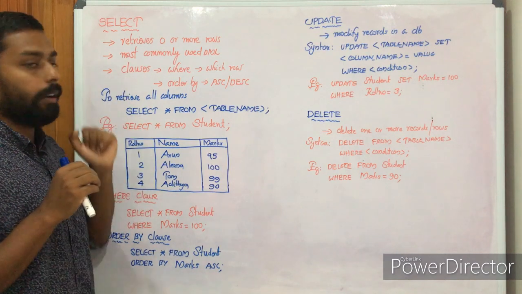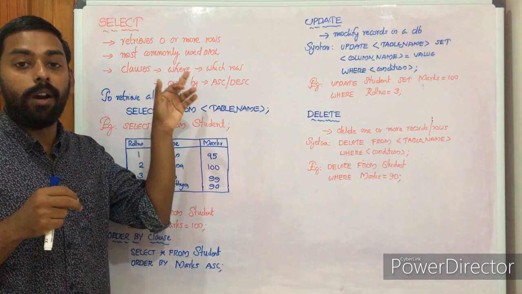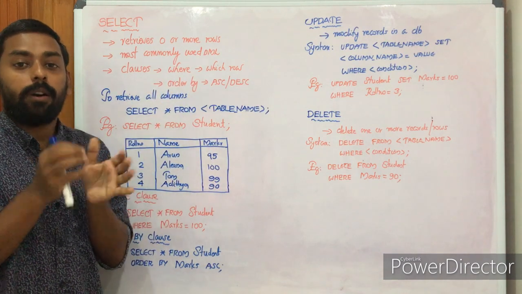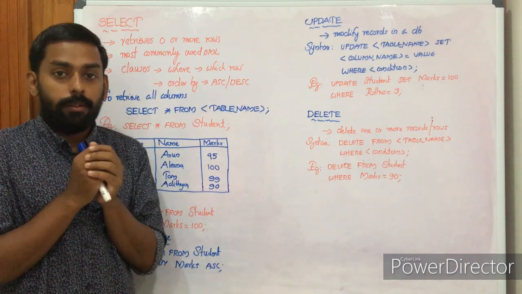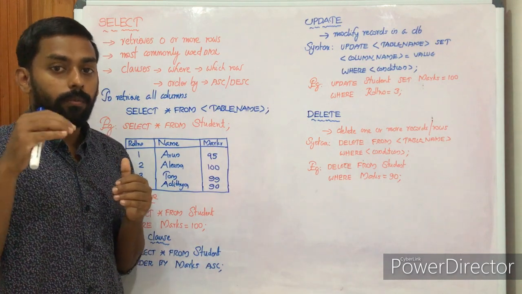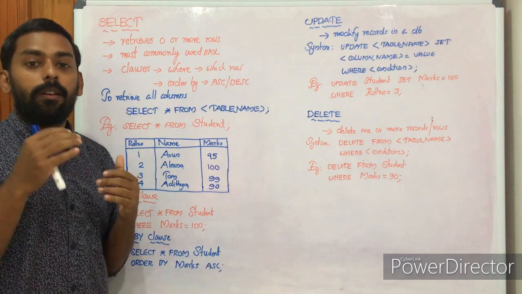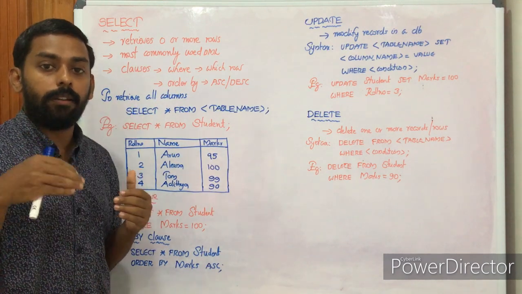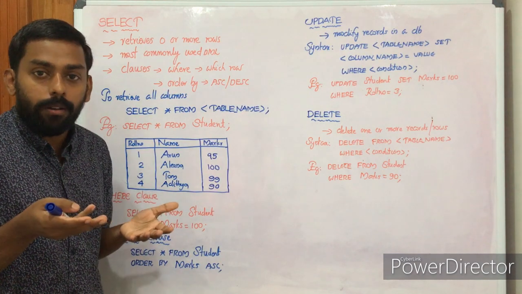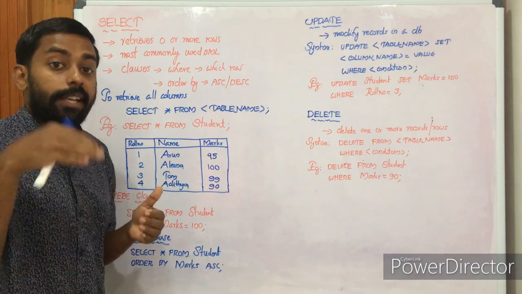Then select uses 2 clauses, mainly where and order by. We apply the where clause just for restricting the rows to be retrieved. We are coming to it with an example. Then we have order by. Order by means arranging in some order, either ascending or descending. Ascending means increasing order; descending means decreasing order.